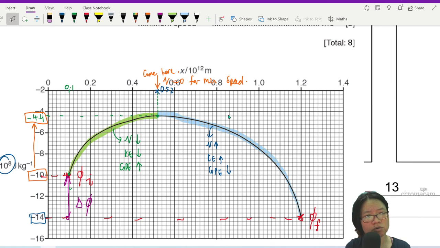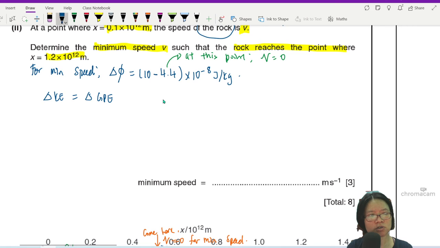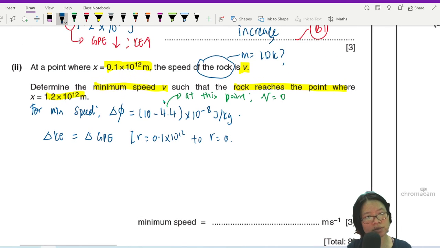So X is equal to 0.1 times 10 to the power 12 to X is equal to 0.52 times 10 to the power 12. You're not going to use these numbers, I'm just writing it here to make it clearer for you.